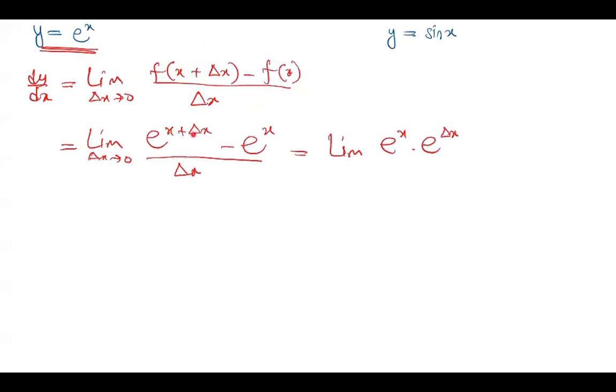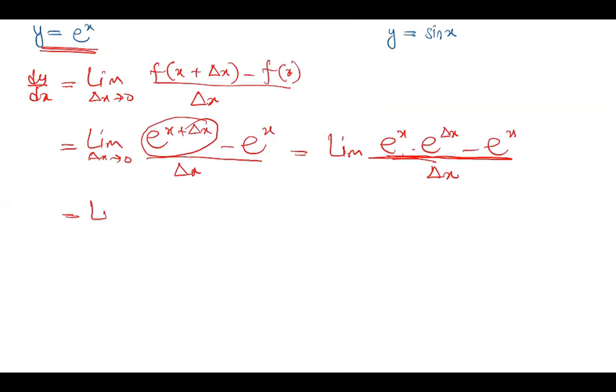So you see, if you have a plus sign, I can write this like this. They're the same thing. We can split the power, because a to the power b plus c equals a to the power b times a to the power c. So I hope you know these exponential rules, okay? Minus e to the power x over delta x.